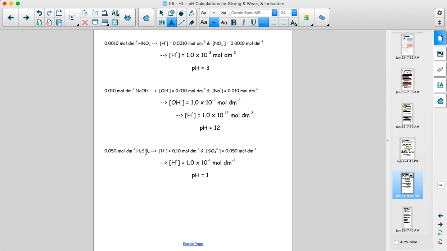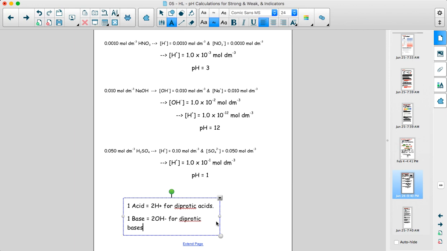So with diprotic acids, you just have to watch that and know that the ratio is 1 acid equals 2 H plus for diprotic acids. And this would be 1 base equals 2 OH minus for diprotic bases.